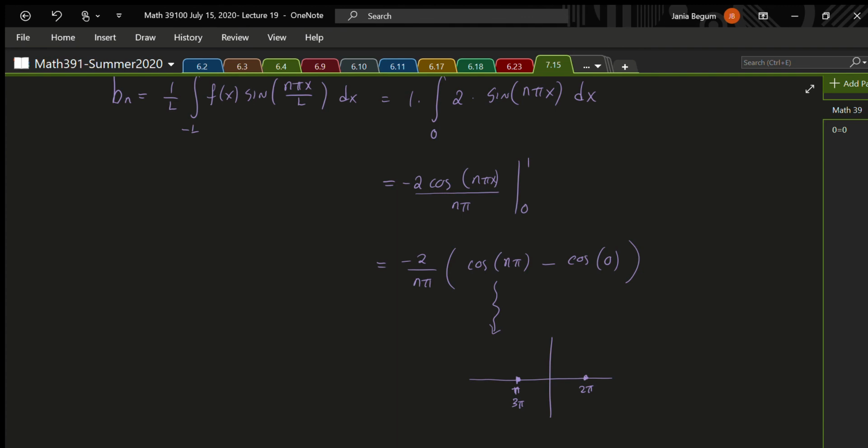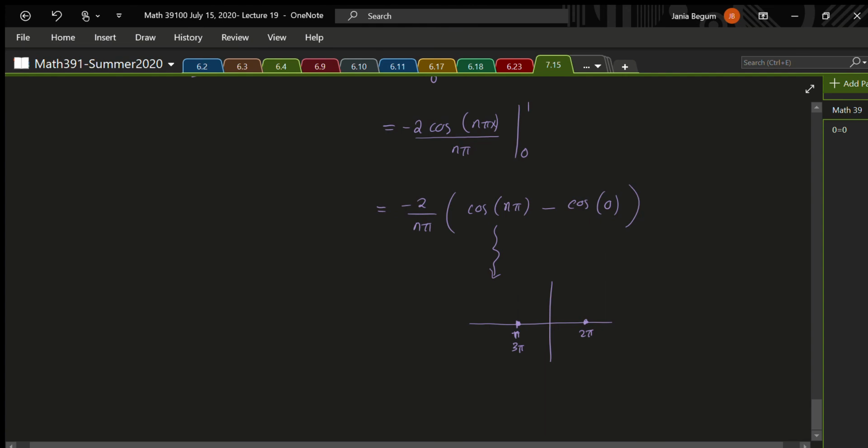Yeah, right? So you see how cosine keeps jumping between negative 1, positive 1, negative 1, positive 1. It's just going to keep jumping, right? Move up and down, 1, negative 1. So we can generalize this because it's always going to be negative 1 for every odd multiple of pi, and it's 1 for every even multiple of pi. So what we can do is cosine of n pi is simply negative 1 to the n power.